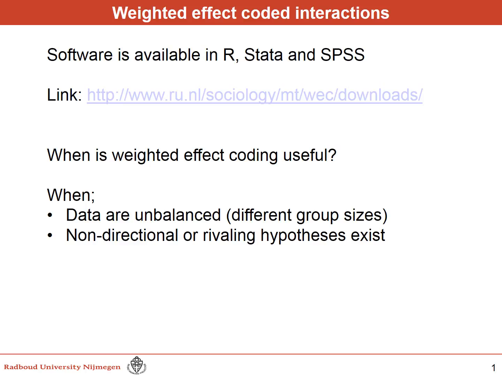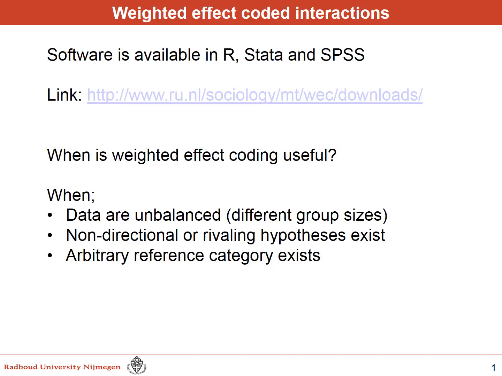So testing against the sample mean would be a more appropriate approach. And the last reason is that when you use dummy coding, there's always this choice you have to make, which reference category should be chosen, and that looks sometimes a little bit arbitrary.